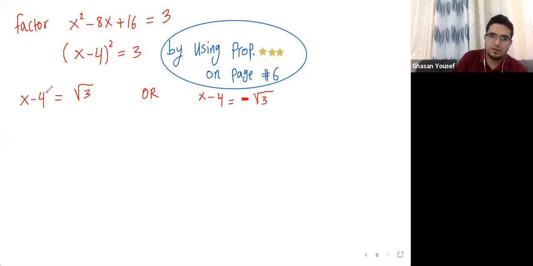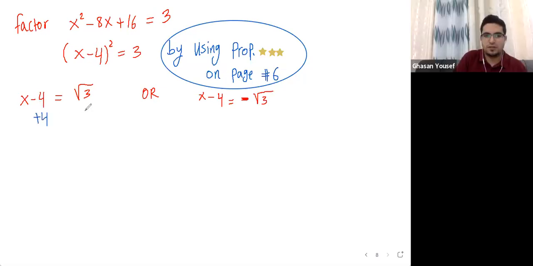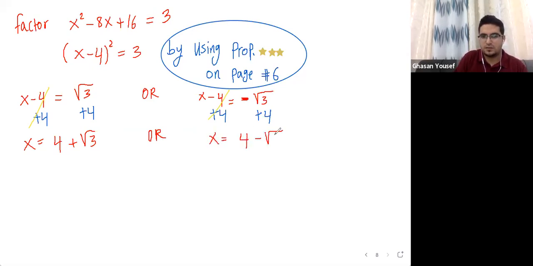What should I do for both sides? Add 4 to both sides. Exactly, I have to add 4 to both sides, and the same thing here. When I add 4 to both sides, the 4s cancel. So x equals 4 plus the square root of 3, or x equals 4 minus the square root of 3.